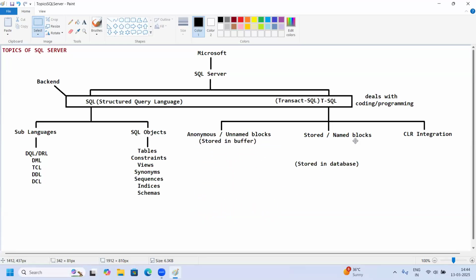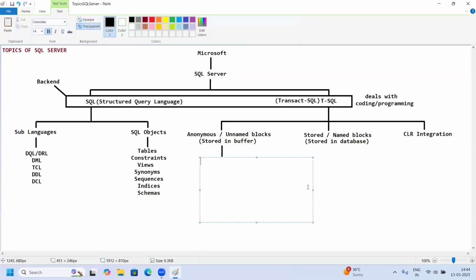Stored in buffer, stored in database. Now, under anonymous block, we learn all this basic programming.